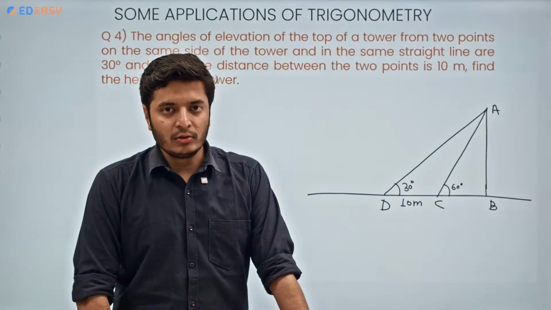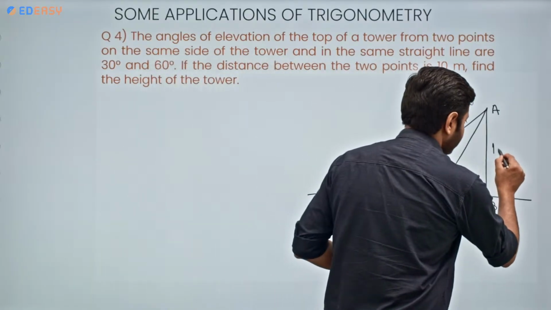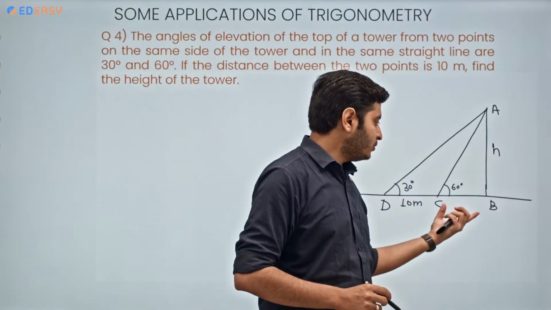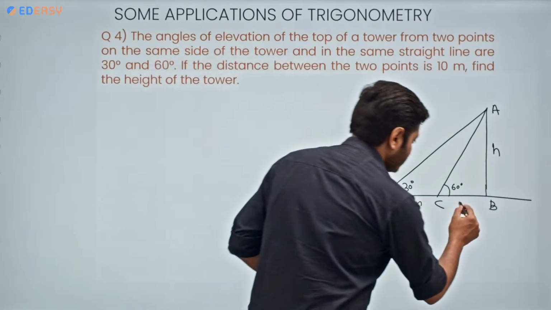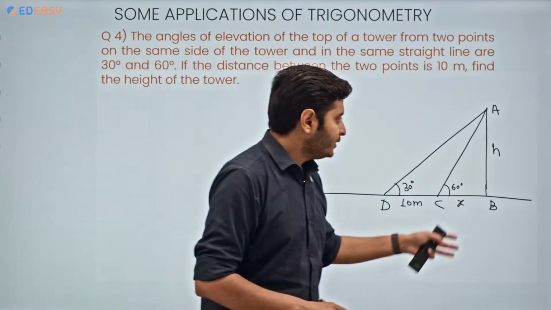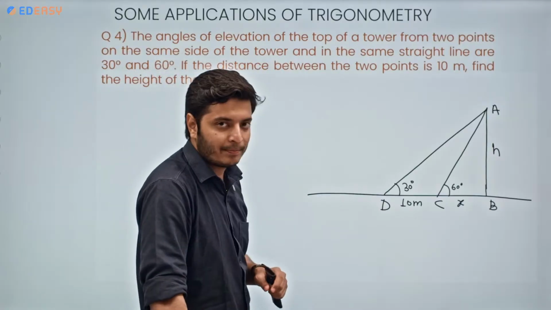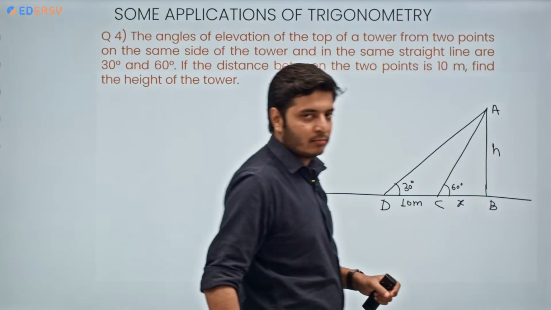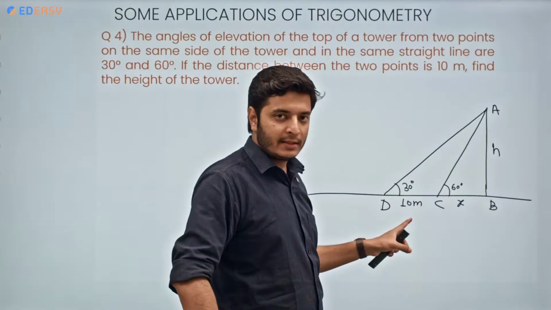As I told you, in case of heights, I will always use the variable h. But also we need to deal with this distance, so I will use x for this distance. Again, this is the approach, how to approach this type of problem. Using triangle ADB, which is also a right angle triangle, I can find the value of tan 30 degrees.